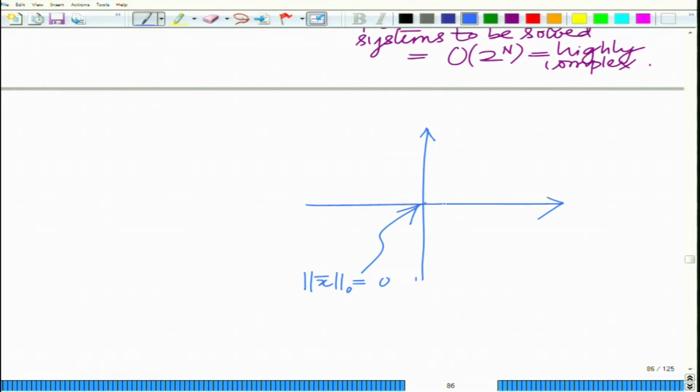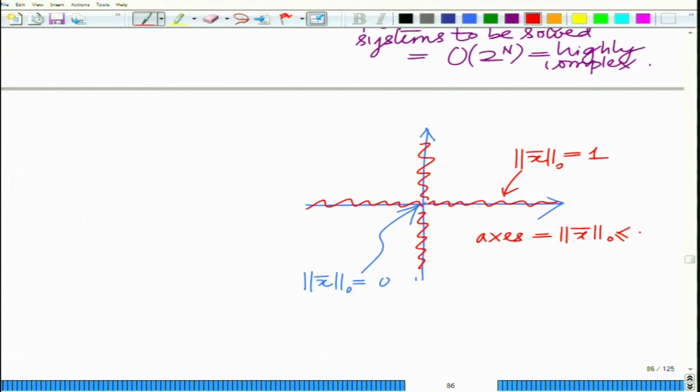Other than the origin, each point on the axes has L0 norm 1, because on the axis you have only one non-zero element. The rest of the plane, other than the axes and the origin, has L0 norm 2. So, the set with L0 norm less than or equal to 1 comprises only the axes. If you look at this object, it is highly non-convex.